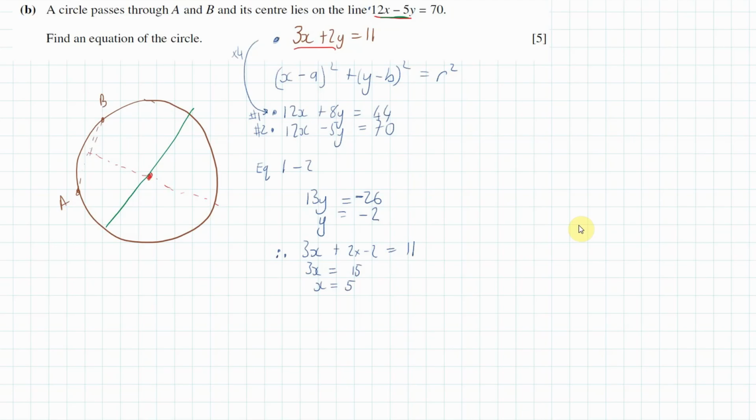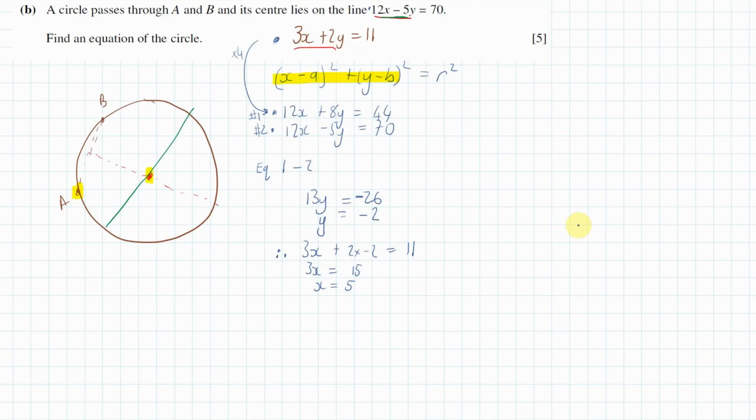For the equation of the circle, we've got all of this bit now. We just need to find the radius, and we can do that by using the center that we've just found and one of the points that we already know.